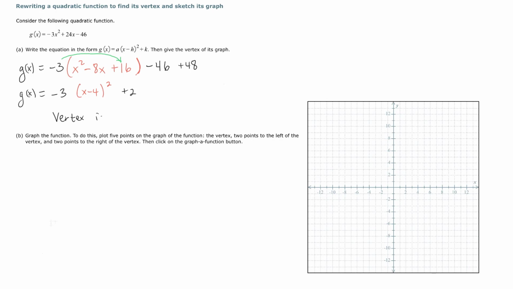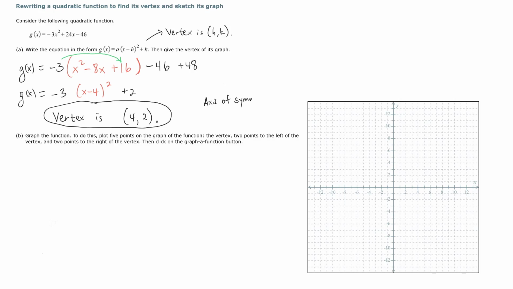The vertex is 4, 2, because we know that the vertex is h, k. So we got one ordered pair from the parabola. We also know the axis of symmetry. That often helps us graph the parabola, so let's state that.